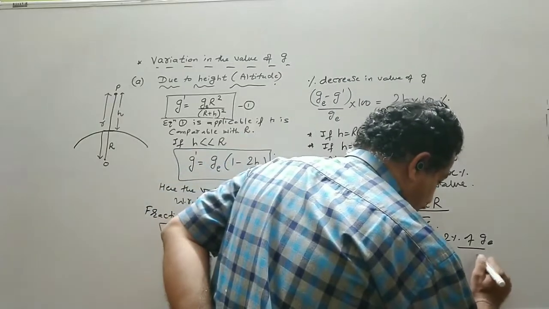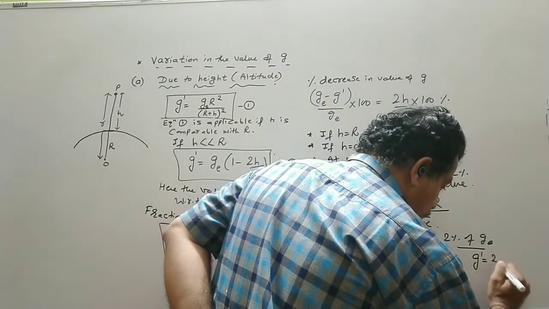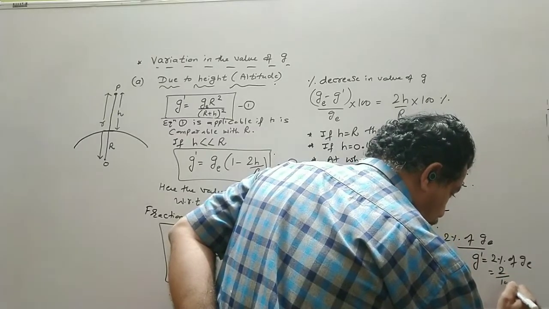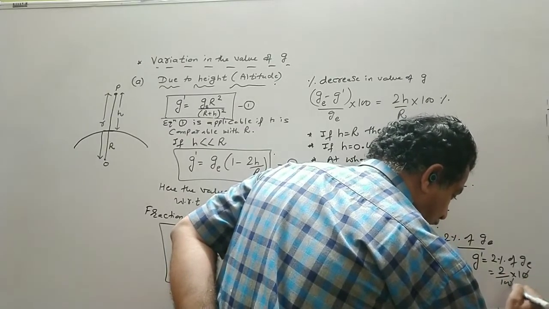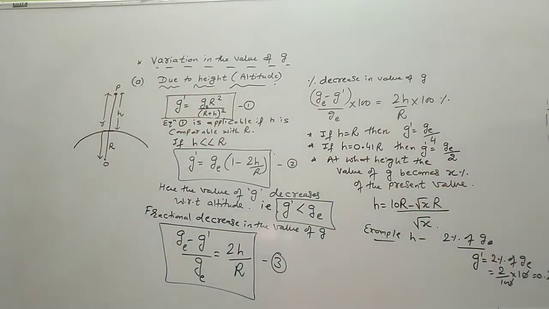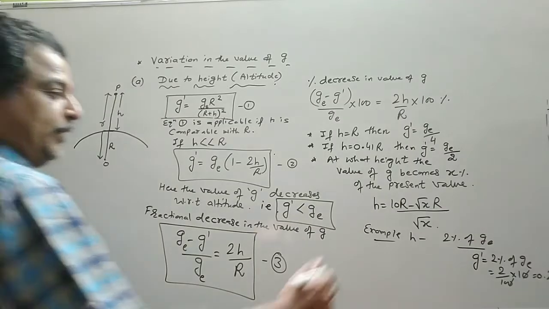So 2% of GE means G dash is equal to 2% of GE, that is 2 upon 100 into 10. So it becomes 0.2. So at what height does this value become 2%? So you write this here, 2%.